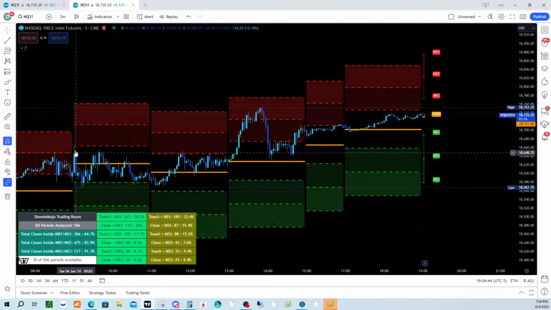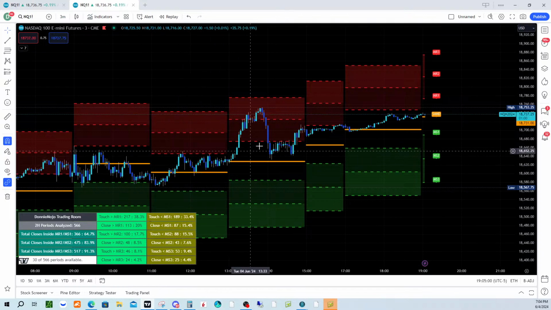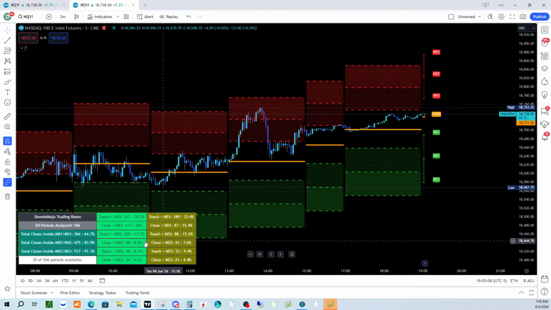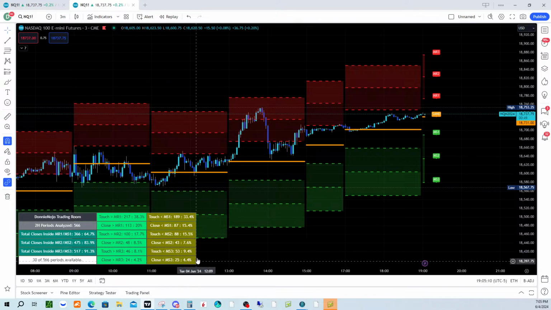So you see it break above it there, it tests the zone, rejects off of it, then goes back below it, tests the zone, comes back up, breaks above it, tests the zone, fails, and you see this all the time. So that's the reason we have this, and it's a very good tool. And not only do you have the visual of it, you also have the statistics behind every single thing that we're watching here. So that's the main thing.